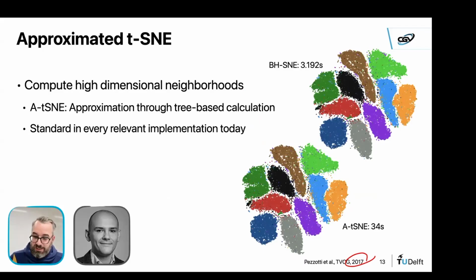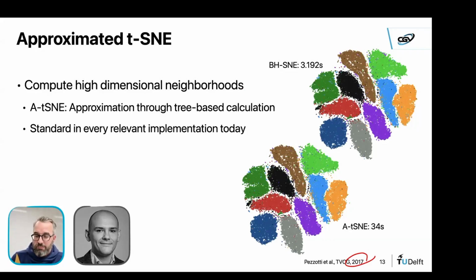And in 2017, surprisingly, nobody had done that yet for TSNE. If you look at implementations today, basically every implementation does this. UMAP out of the gate used approximated nearest neighbors, and also all the other methods that you basically now get in whatever framework you use, do these approximated nearest neighbor queries.